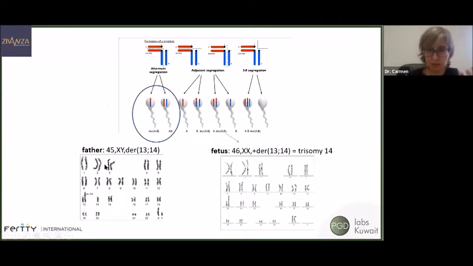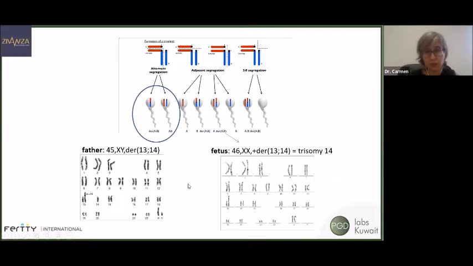In that case, I put another example of a Robertsonian translocation, meaning this man, it's also a man, but it can be a woman, there is no difference. This man has 1 chromosome 13 and 1 chromosome 14. They are attached together at the centromeric region. So in fact, although this man has a karyotype of 45 chromosomes, he's completely normal because the other chromosome 14 is attached to the 13.